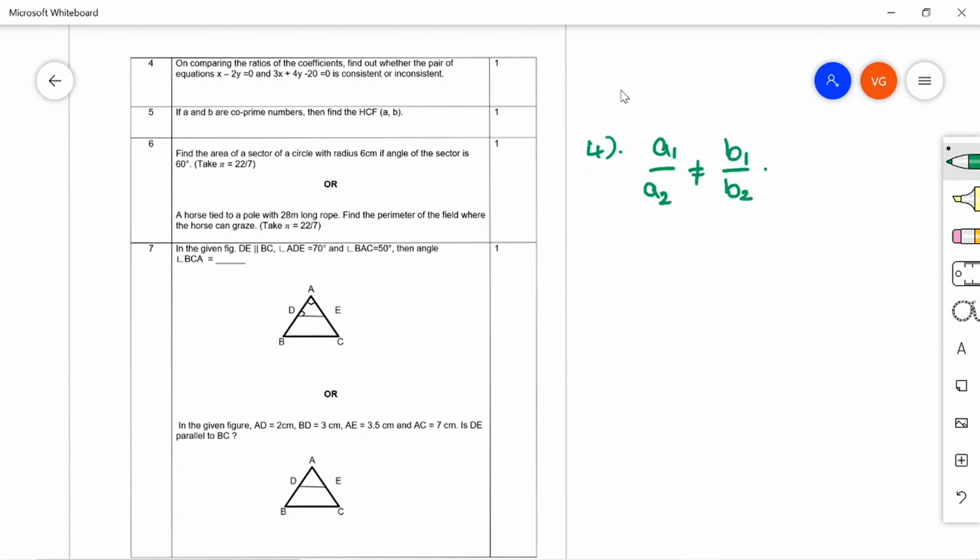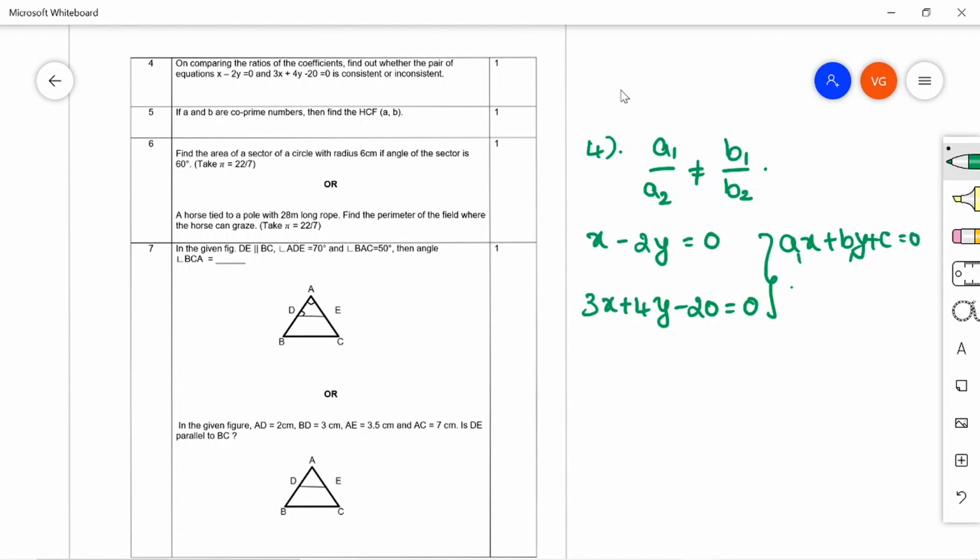You need to compare with the standard form ax plus by plus c is equal to 0, that is a1x plus b1y plus c1 is equal to 0, and a2x plus b2y plus c2 is equal to 0 for the second one.